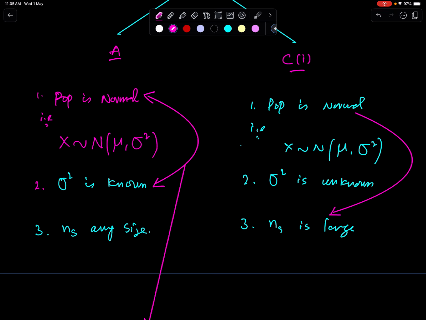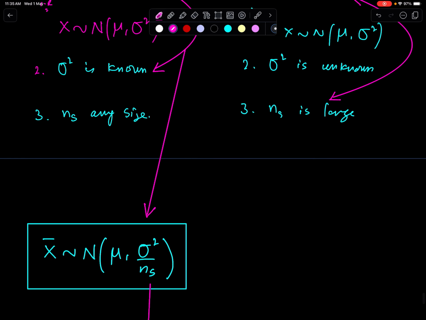So with the help of these two informations, population is normal, n is large, we can say that the distribution of X bar is normal.